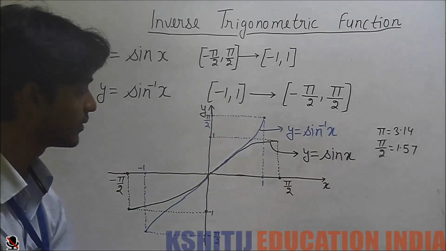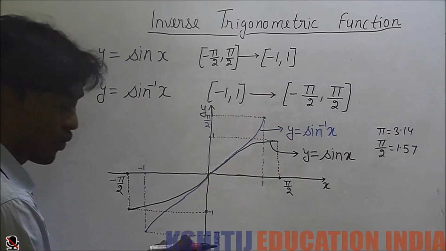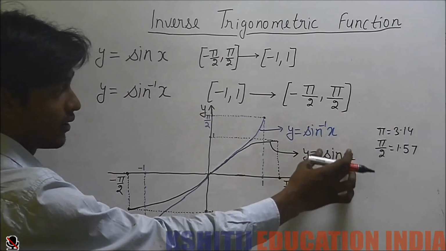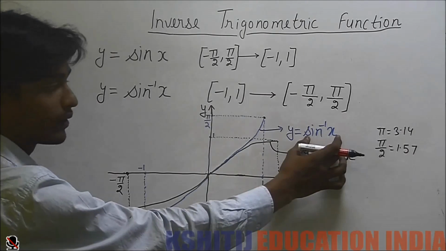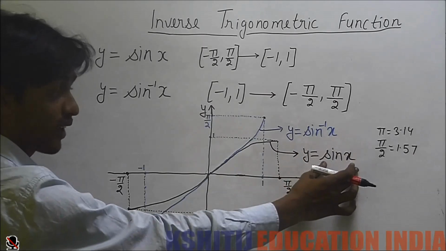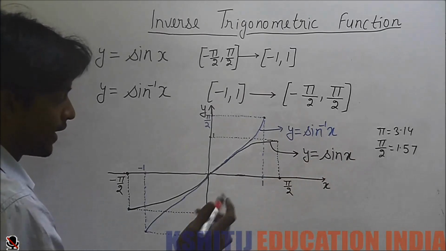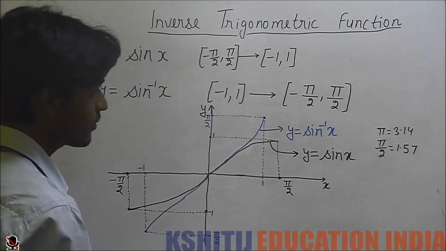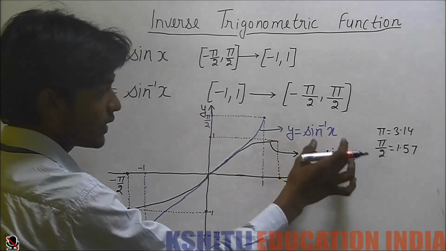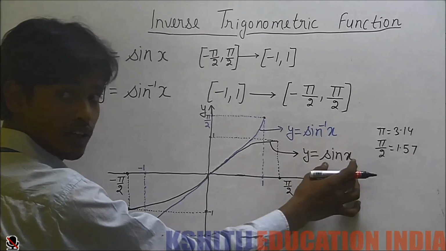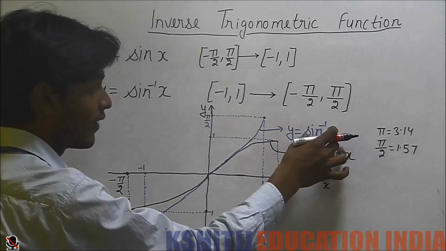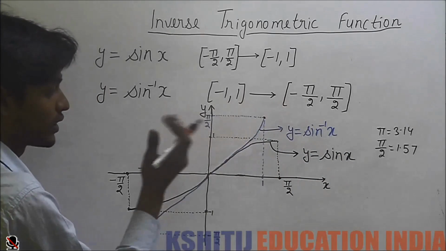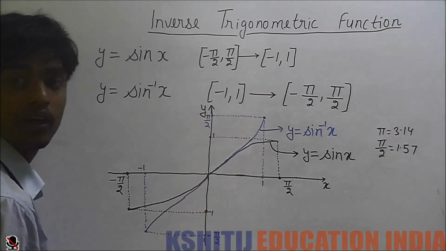With the help of the graphical representation we can easily distinguish the nature of the two terms, sin inverse x and sin x. We can easily say that sin inverse x is the inverse function of sin x and has the mirror image corresponding to y equals x. It is another property of inverse functions.